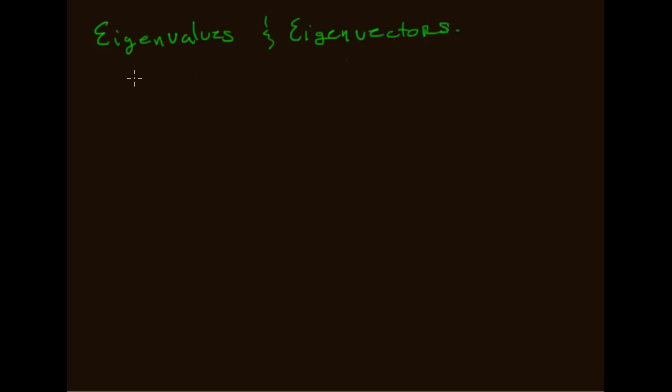Okay, so what we're going to start off with here is some matrix A that is square. It's an n by n matrix. And we're going to have a vector x, and this vector is going to be in Rn. And what we want is to be able to say that A times this vector is some scalar times that vector.